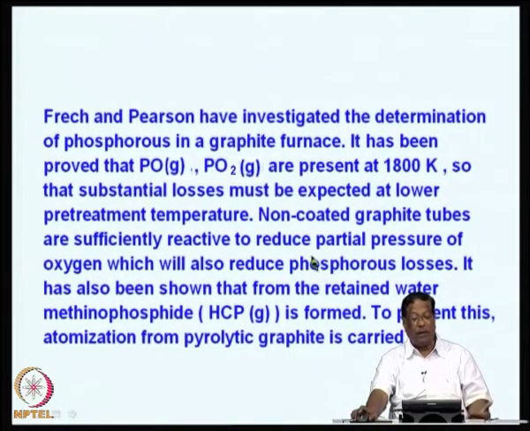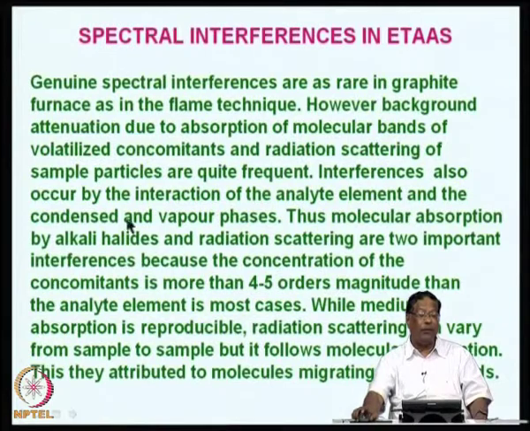If you use pyrolytically coated graphite, you would have higher losses of phosphorus than with the non-coated ones. It has also been shown that from the retained water, methanophosphide gas is formed. To prevent this, atomization from pyrolytic graphite is carried out, but at a loss of sensitivity.